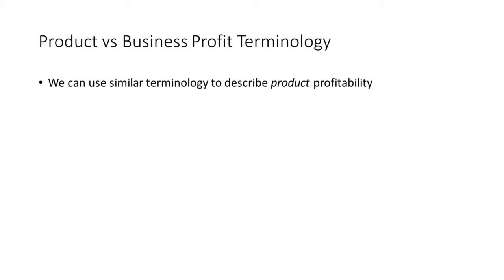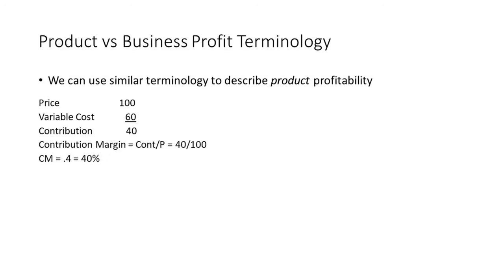And the terminology we use to differentiate that is price, the price of the product, and the variable cost of the product, that is the cost of direct expenses required to produce the product so that we can sell it at a particular price. And when we subtract the variable cost from the price, we get something called the contribution. And this is analogous to the gross profit when we're talking about a business.